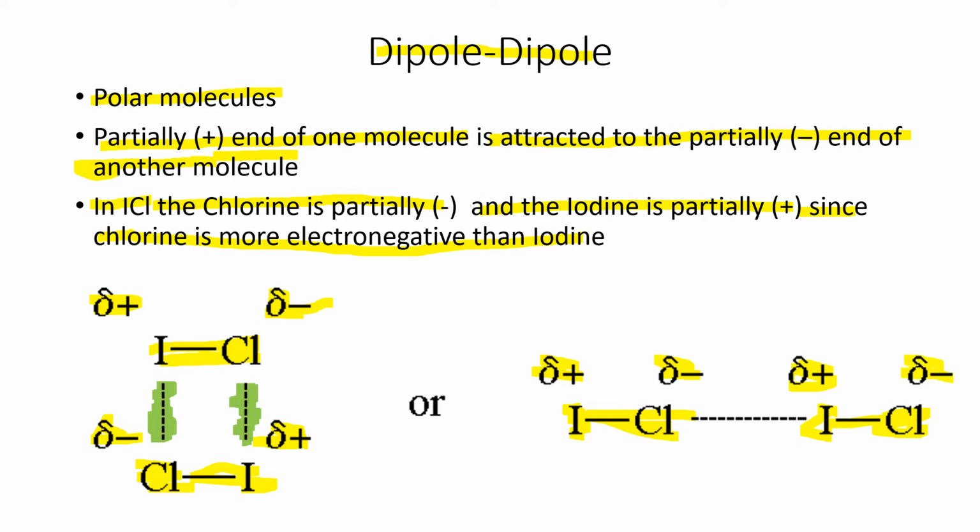What I'm highlighting in green is that attractive force between the partially positive iodine and the partially negative chlorine. So you get an attractive force between two molecules: the partially positive end of one molecule is attracted to the partially negative end of a neighboring molecule.